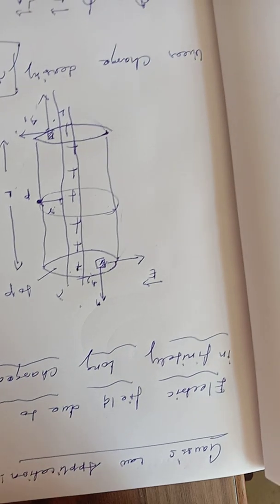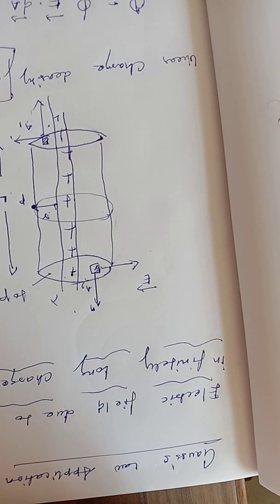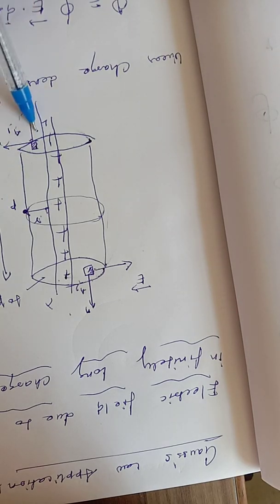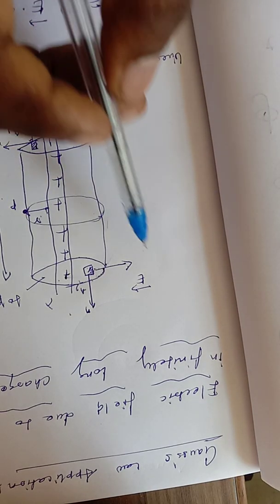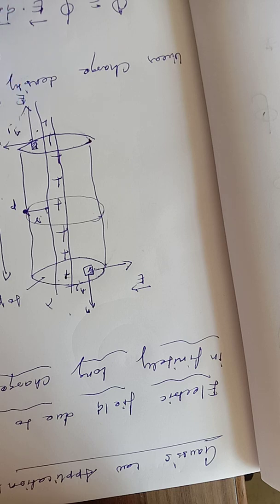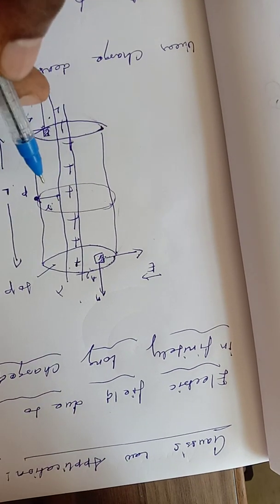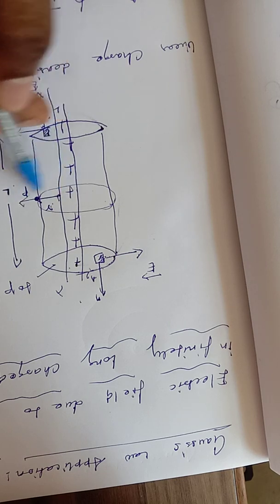The top and bottom surfaces are perpendicular to the electric field, so dA is perpendicular to E.